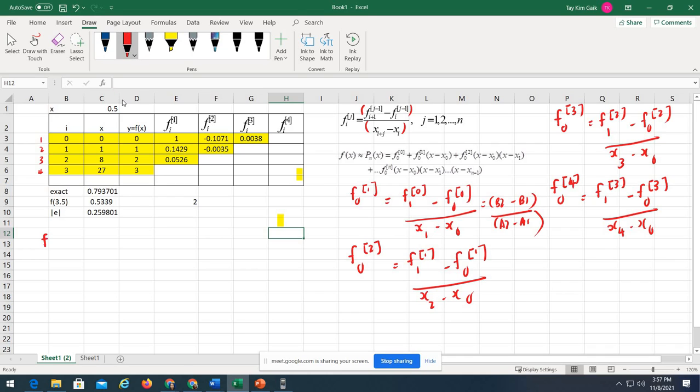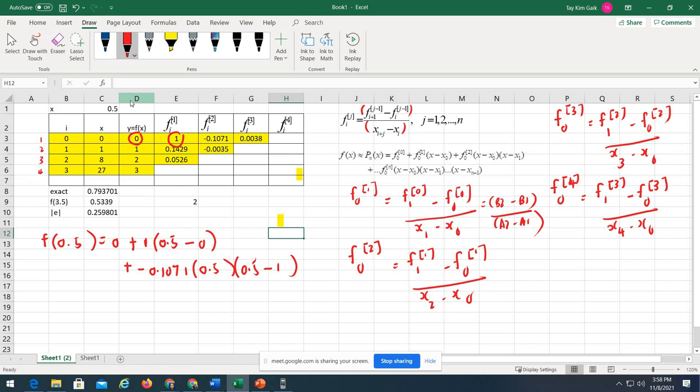Okay, so if you write down F3 at 0.5, this cell is 0, and then this value 1 multiply x, which is 0.5 minus x naught, which is 0. Plus the second level, which is negative 0.1071, and then 0.5 minus 0, which is 0.5, multiply 0.5 minus 1.